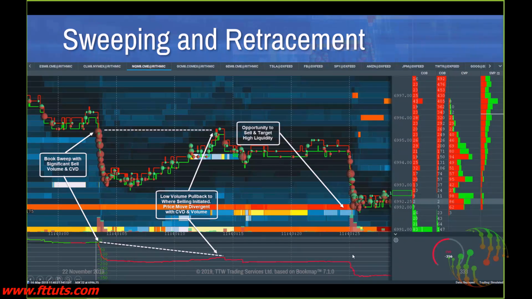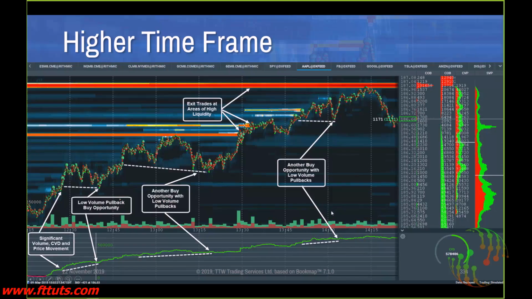High liquidity, the CVD happens. It is a straightforward 90 degree line and move here. In higher time frame, you see how they are creeping up and buying and buying and buying. You see divergences here.